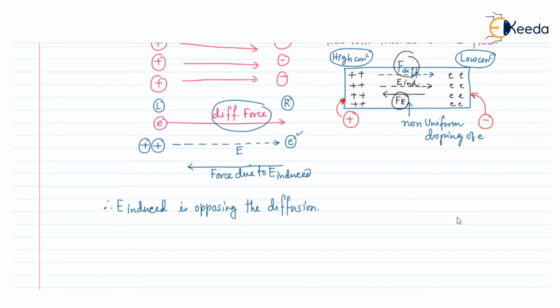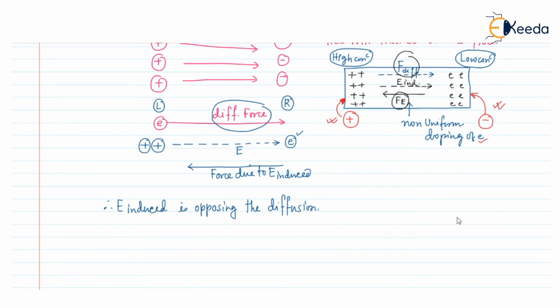Now, if we assume that it is an N-type semiconductor because we have doped electrons, and I want to draw the band diagram of this n-type semiconductor, then it will look like this. On the left hand side it is negatively polarized, and on the right hand side it is positive polarity due to the non-uniform doping. So the band diagram will look like this. This is the Fermi level.